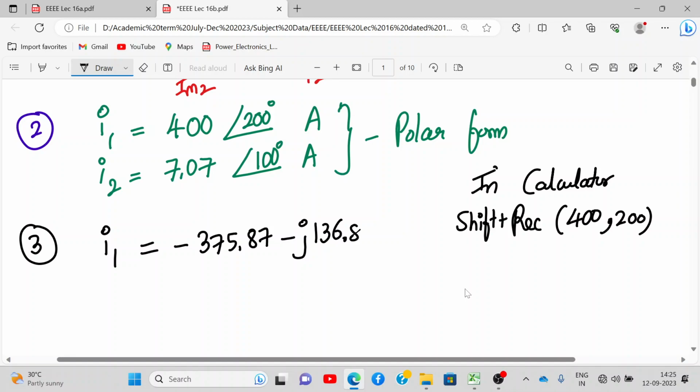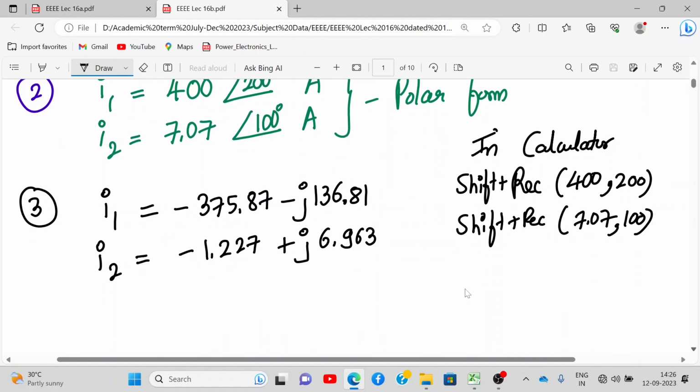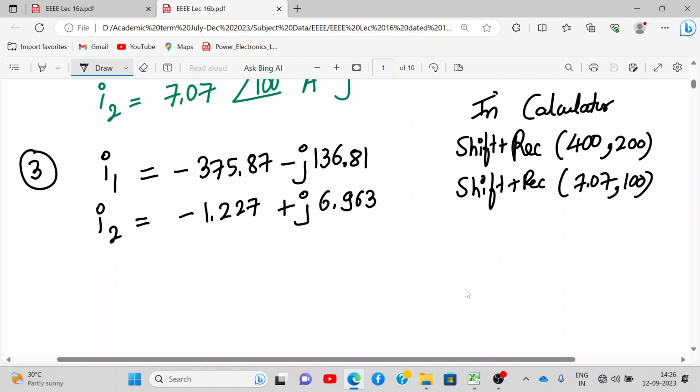So you write it in this form, as it is. Now tell me I2: minus 1.227, right? Plus j 6.936. So here you will press shift plus rect 7.07 comma 100. Did you get this answer? Yes. Exactly correct. So these are in rectangular form.